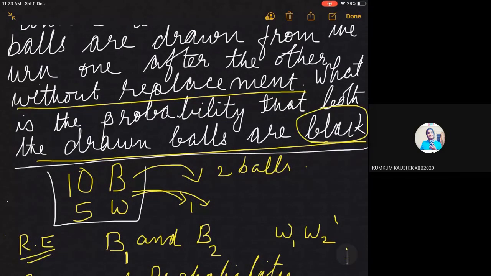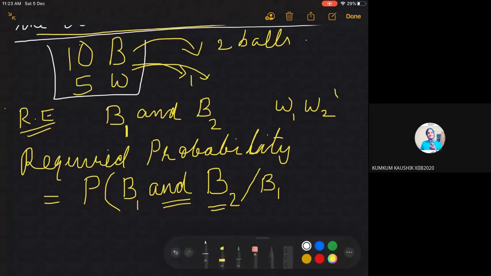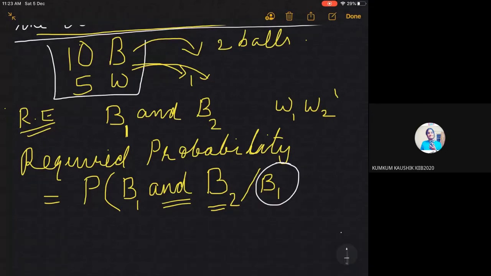How can this happen? With the right hand you take one black ball, and you are not putting it back. From the left hand you take the second black ball, with the condition that the first drawn ball is already black. This is our required probability.